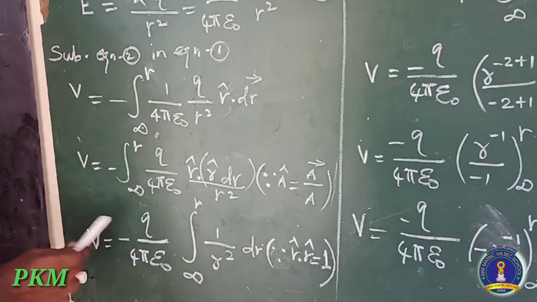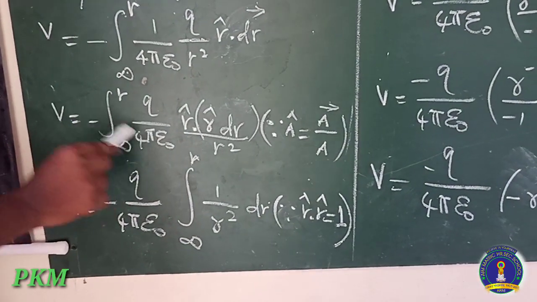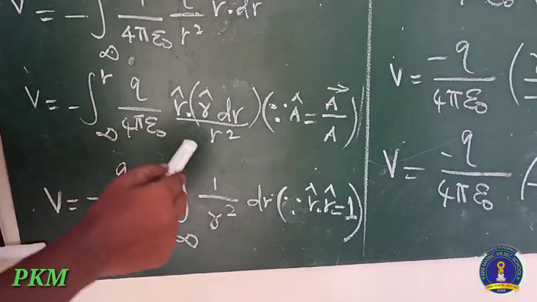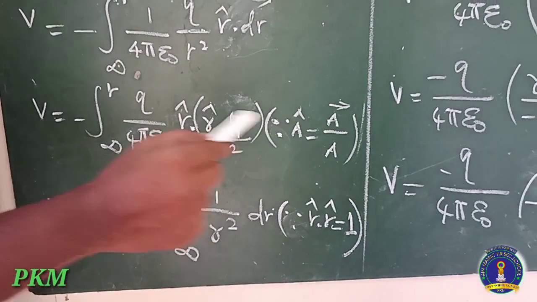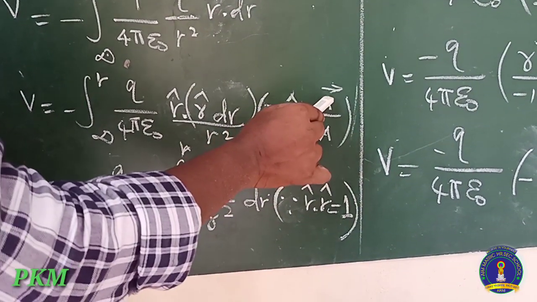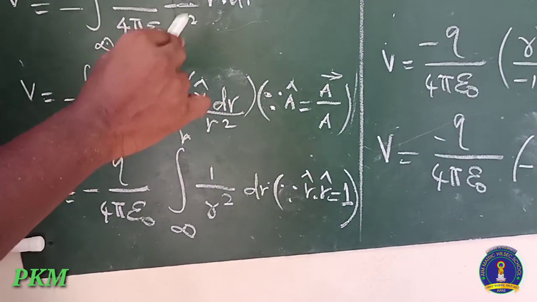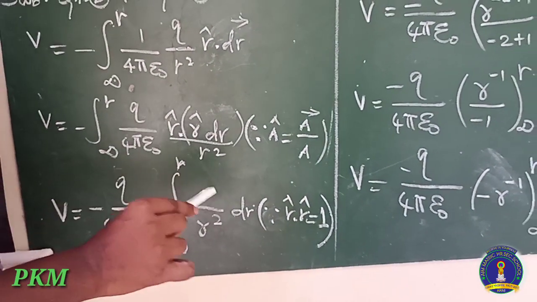Simplifying, V equals minus integral from infinity to r of q by 4 pi epsilon naught. You know that a cap equals a vector divided by the modulus of a vector, its magnitude; it is called a unit vector.